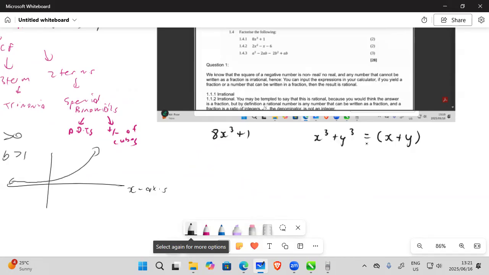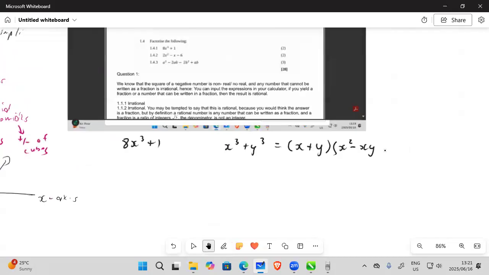Write the plus sign, plus. Cube root the second term, y. Then you open the next bracket. Listen, you open the next bracket. Square the first term, x squared. Multiply both these terms together, x times y. Change the sign, minus.